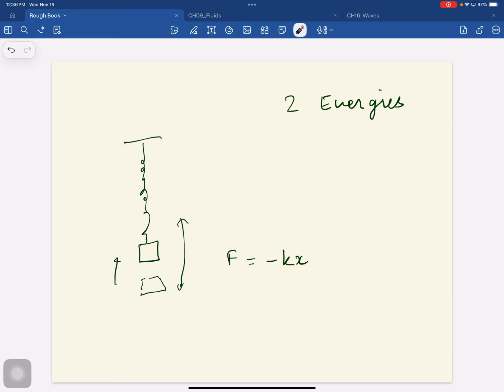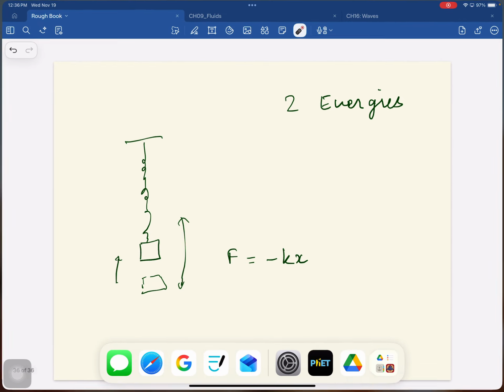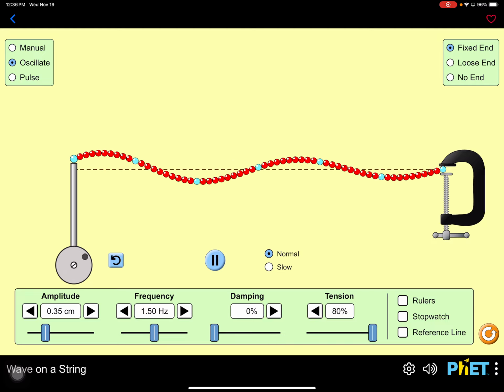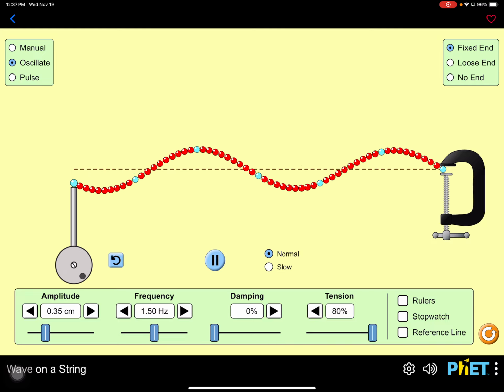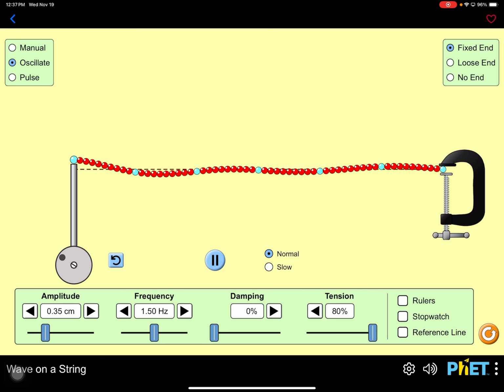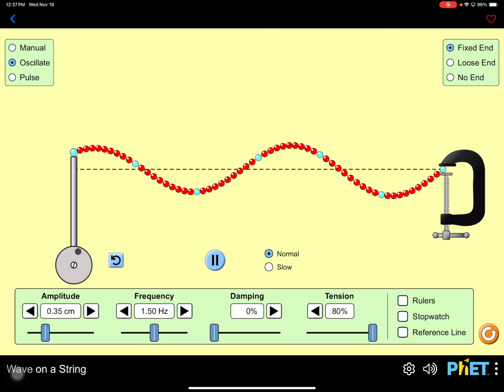You're going to take a million of these and make them oscillate together in a choreographed manner, so they're all dancing together. They're all in simple harmonic motion.